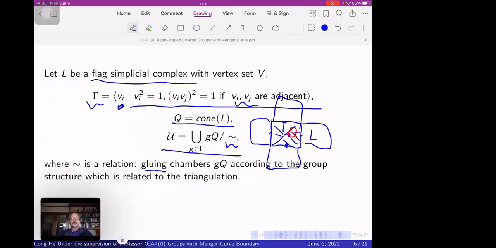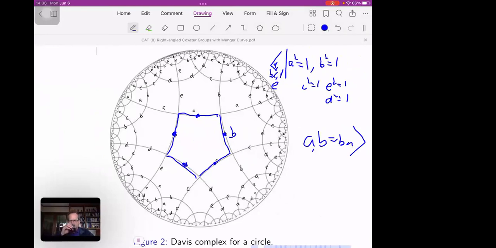This is our Coxeter group. And you can glue: the nerve is A, B, C, D, E, this is the triangulation, and the cone of this nerve is our chamber, this cube.